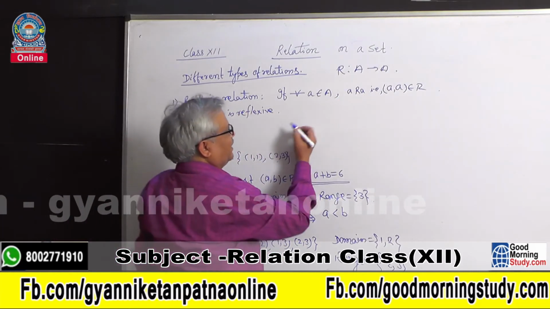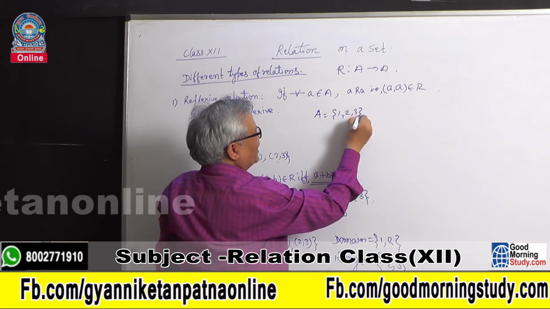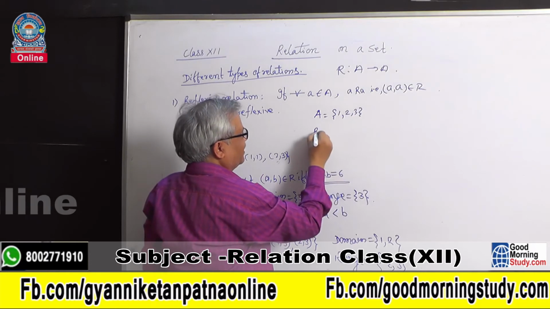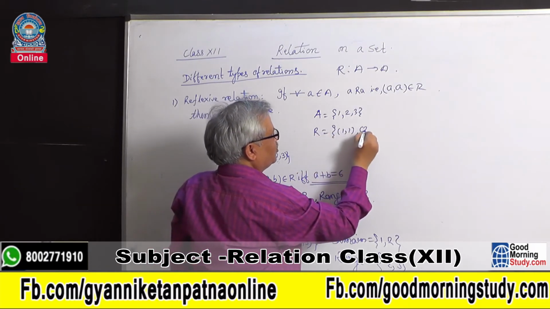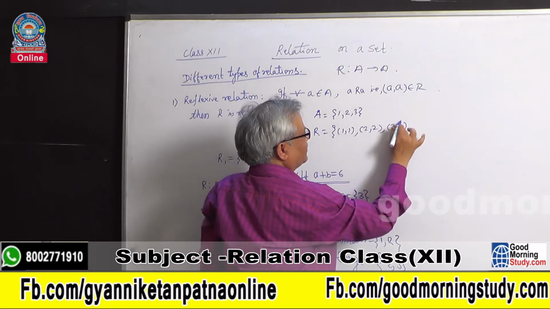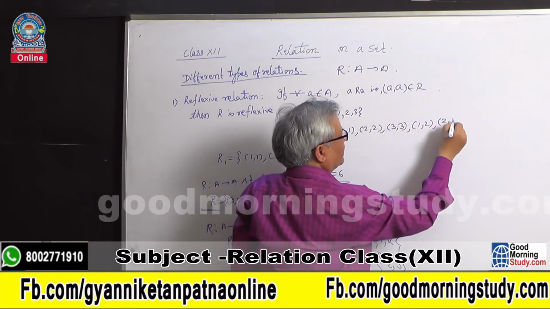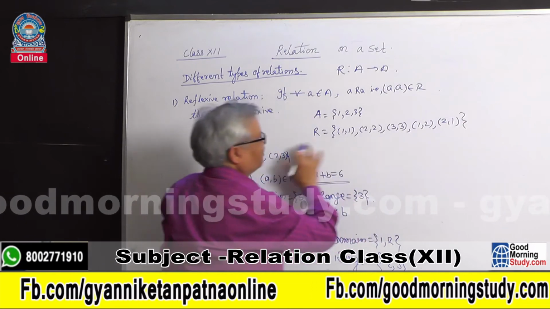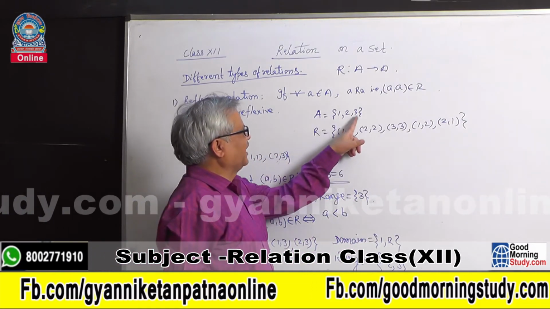The example is here. Let A be the set {1, 2, 3}, and then we write A cross A. I am writing the relation, a subset of A cross A: (1,1), (2,2), (3,3), (1,2), (2,1). In this example, we find that the doublet of each element is present.